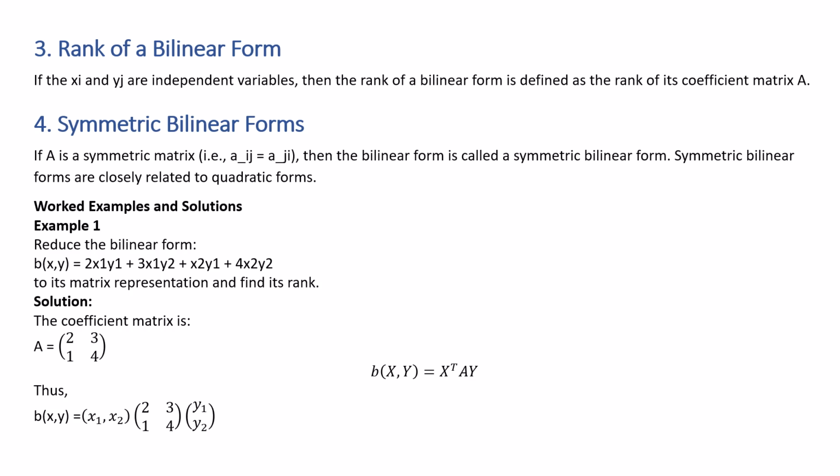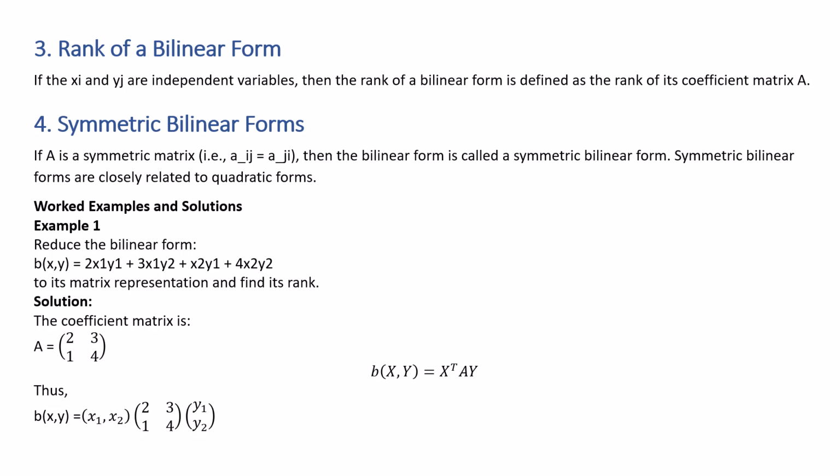The next step is to transpose x. It is a column vector, so when you transpose it, you have it as a row, x1, x2. Then bring out your matrix A, which is 2, 3, 1, 4, and multiply by your y, a column vector, y1, y2.